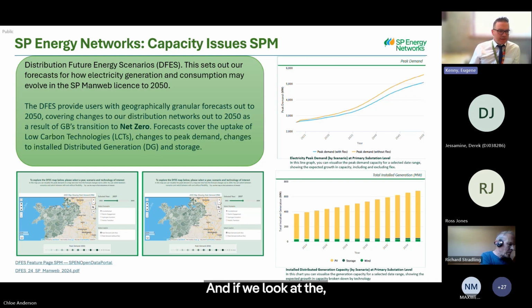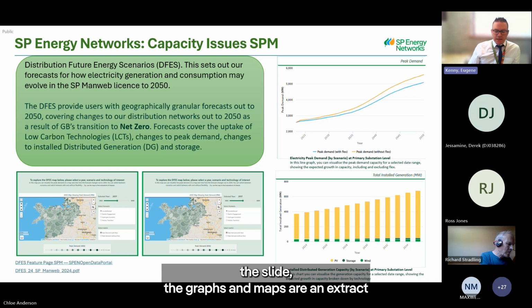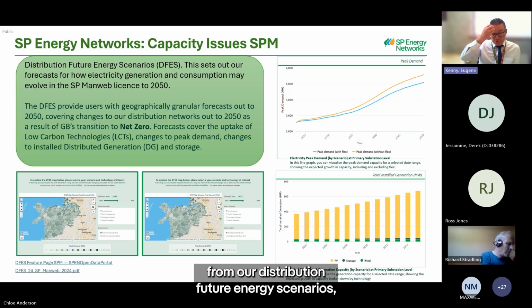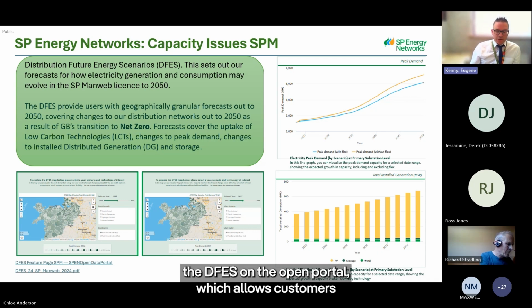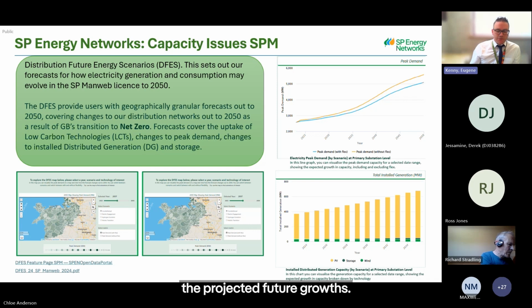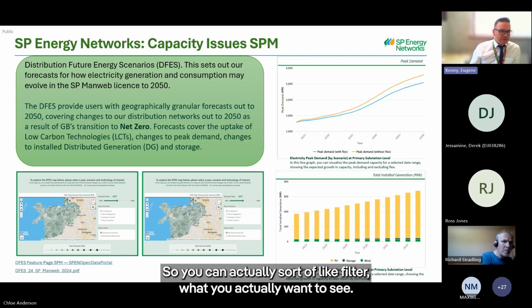If we look at the slide, the graphs and maps are an extract from our distribution future energy scenarios, the DFES on the open portal, which allows customers to view our current demand on the network and the projected future growth. This can be viewed by voltage and technology within the specific area, so you can filter on what you want to see.